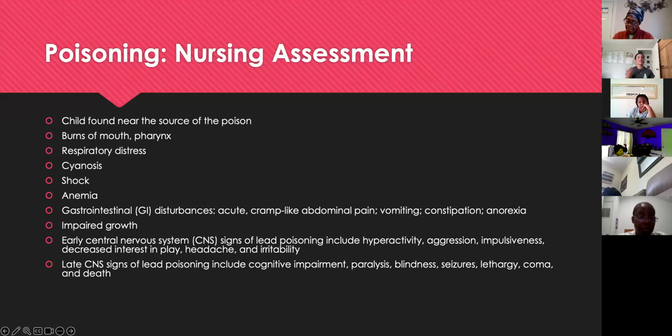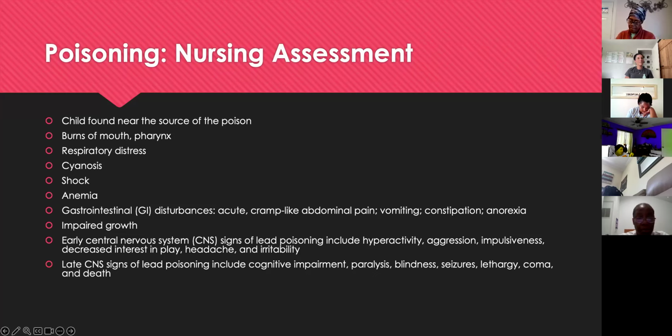A lot of times in the event of poisoning, you will find the child really near the source of poison when it happens. We want to make sure that we're assessing for burns in our mouth and our pharynx, especially if we've ingested something that we shouldn't. Looking for those signs of respiratory distress, shock, anemia is another common one, GI disturbances.